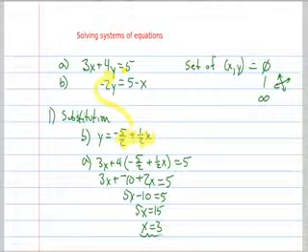So now I have a value of x, and what I can do is put this back in either equation to find out the value of y. My recommendation, go ahead and put it in both to make sure you come out with the same value of y.